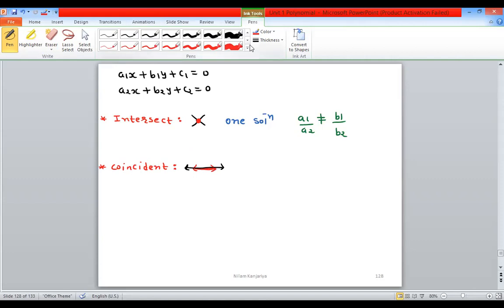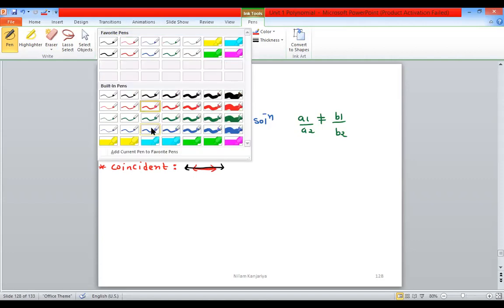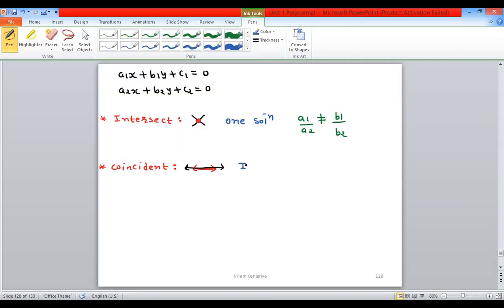So it has infinitely many solutions. Always remember, infinite solutions. In which condition is it satisfied? It looks like this: A1 upon A2, B1 upon B2, and C1 upon C2, all the same.